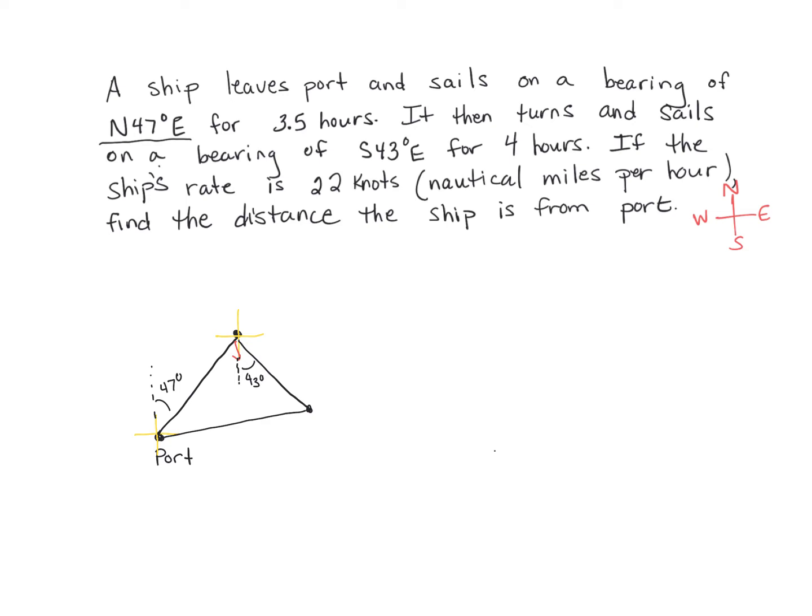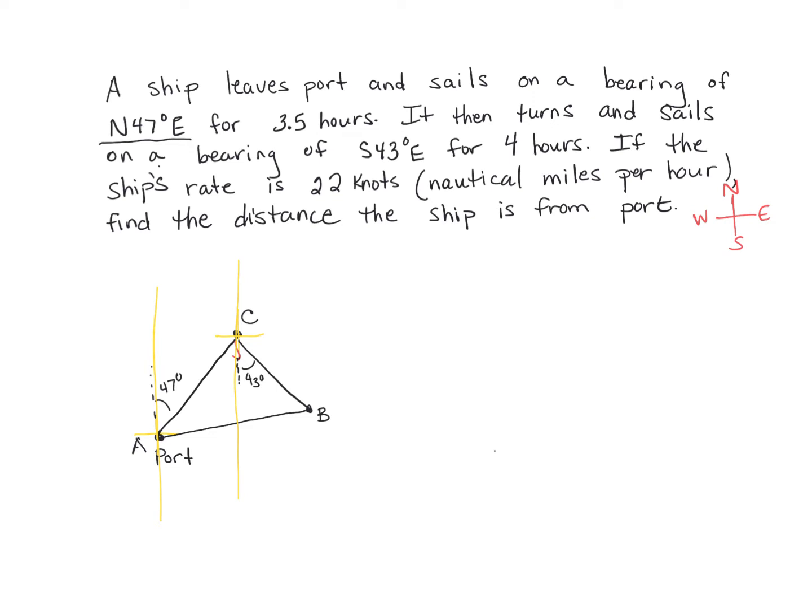Okay, so let's call this other piece B, and we'll call this C. And so we're looking for the distance from A to B. So what you should know is that we have these north-south lines here, and they are parallel.